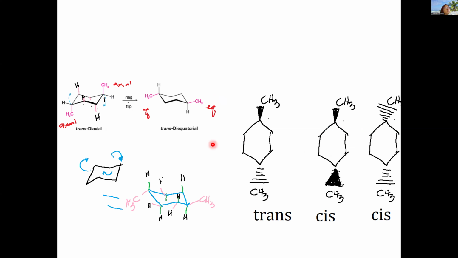So there are different ways of writing our cis and trans isomers in the cyclic alkanes, or cycloalkanes. You can write by chair, especially the cyclohexanes. You can write by the chair, or you can also write by the top view.